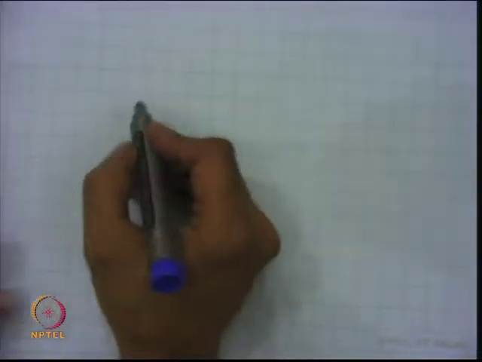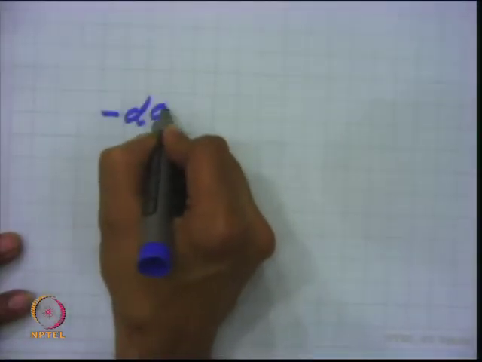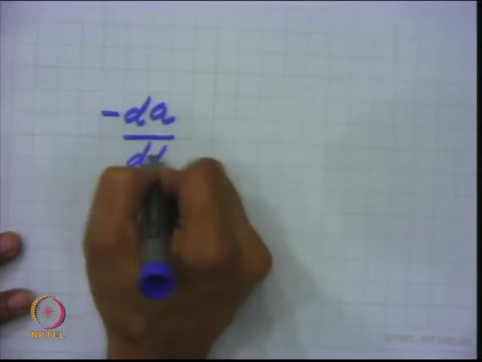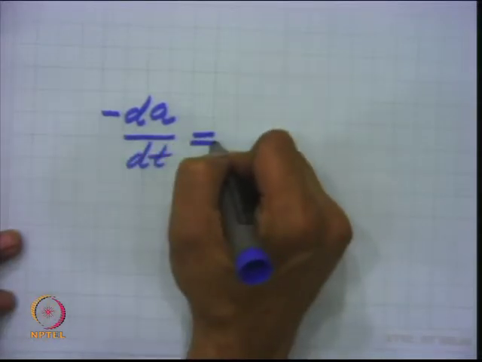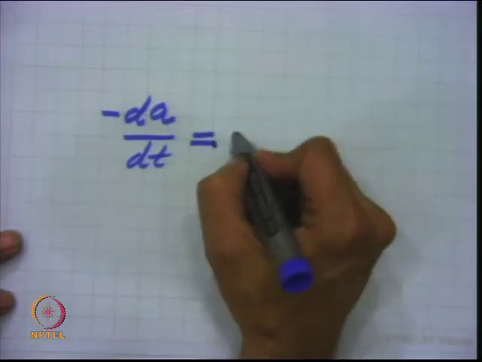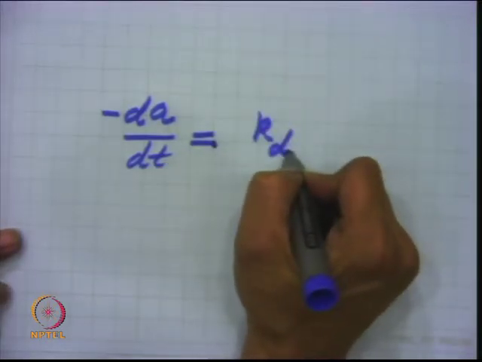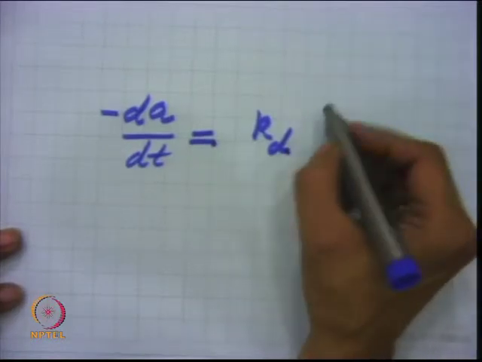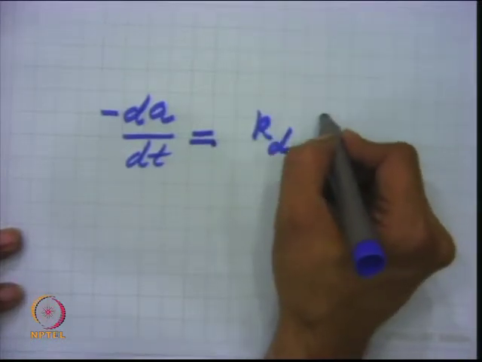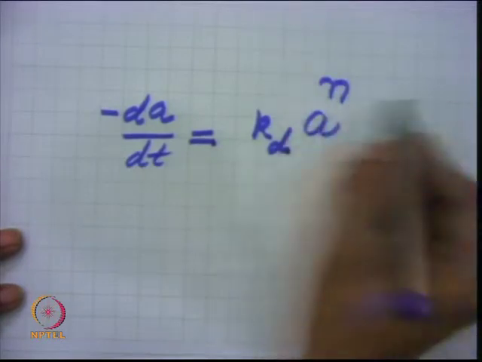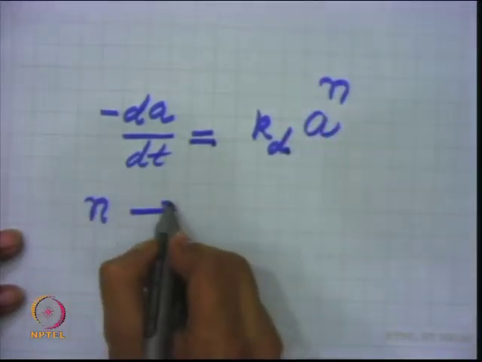In general, one can write minus dA by dt, that is the drop in activity as a function of time, equal to some constant, which is your deactivation constant and a function of temperature, times the activity to the power n, where n is known as the order of deactivation.